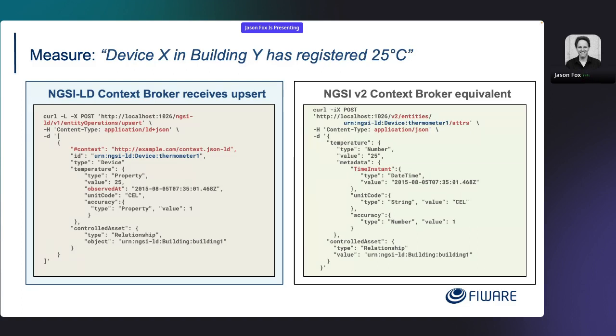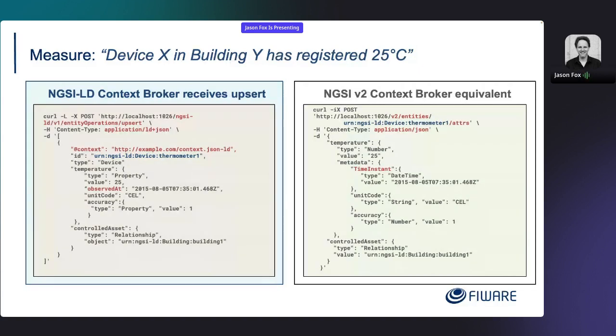But typically, when we're talking machine to machine, machine to context broker communication, they're happy enough to accept full normalized data. You'll notice that for a proper NGSI-LD payload, I'm using the proper observedAt property of a property.